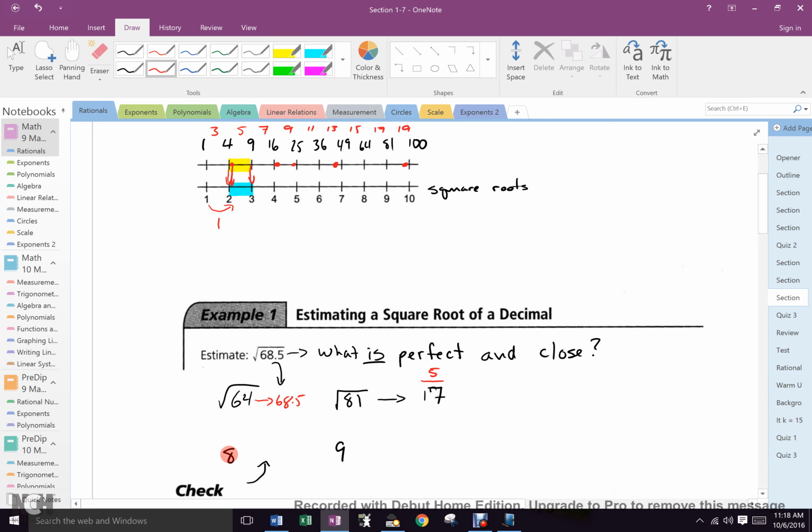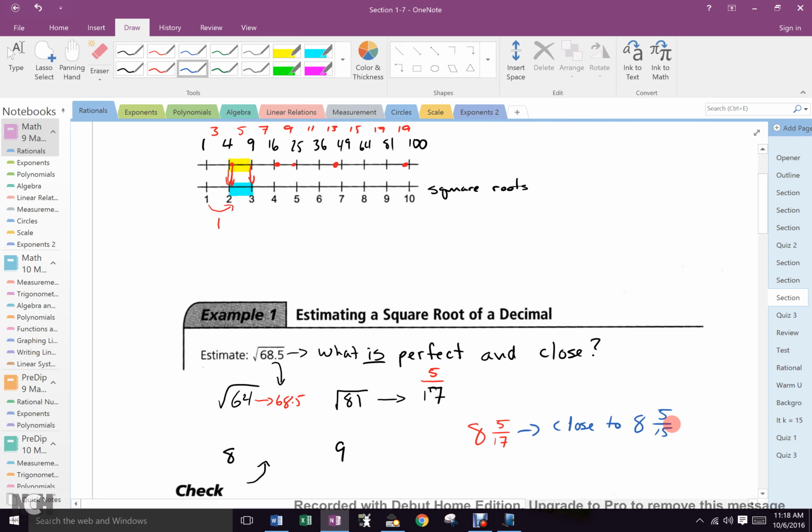So I started at 8, and then I went 5 out of 17 steps, didn't I? Everybody gets it? Now this is a yucky fraction, right? But isn't this close to 8 and 5 over 15?